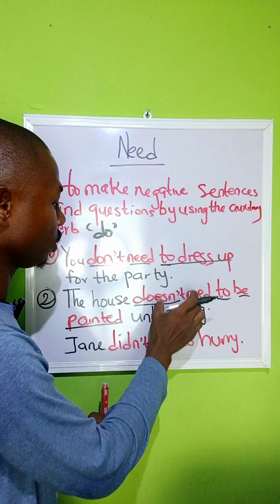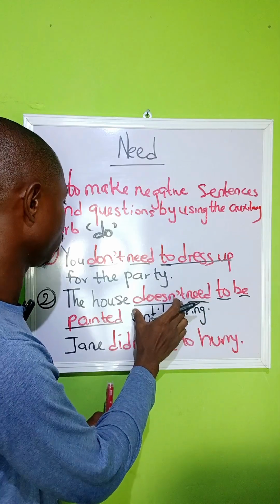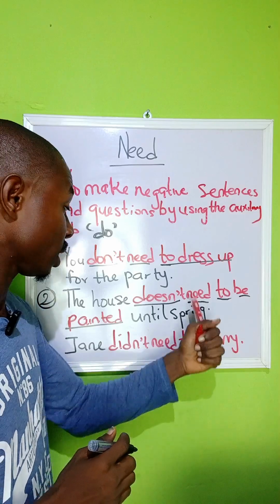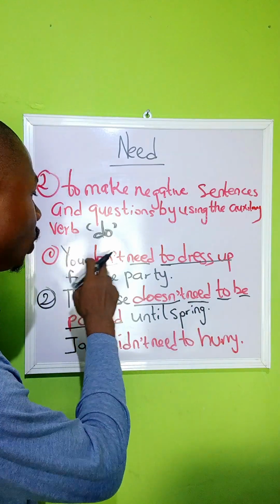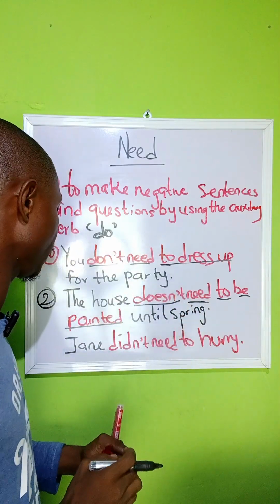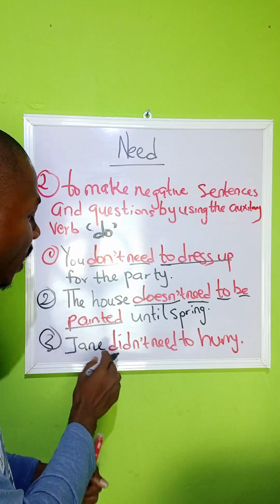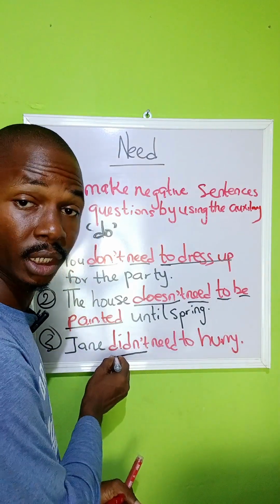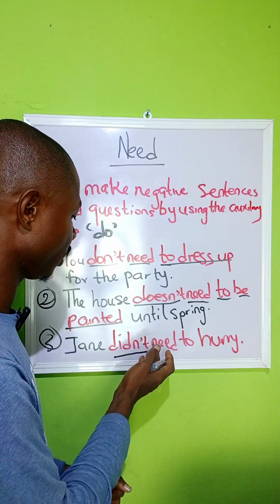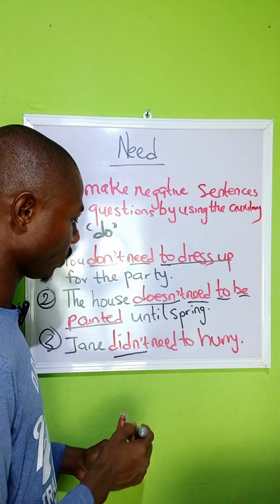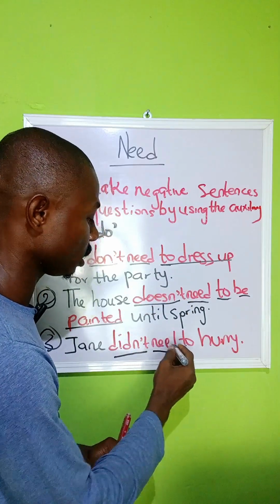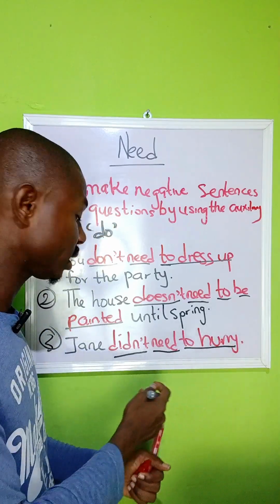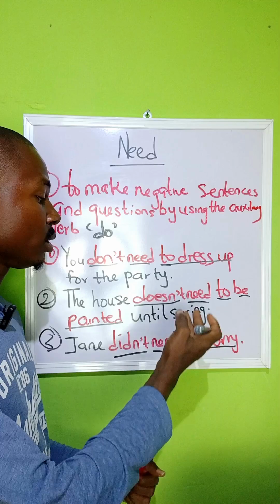So this is the negative verb form in a negative sentence. Number three, Jane didn't need to hurry. Of course, we can see there's a negative form of the auxiliary verb do, and we have need, and we also have to infinitive, to hurry. So Jane didn't need to hurry.